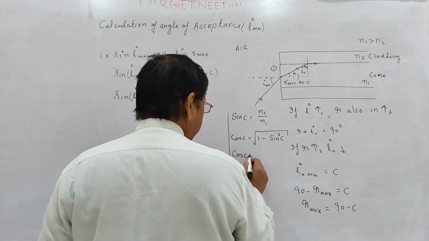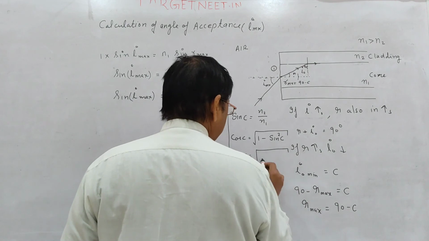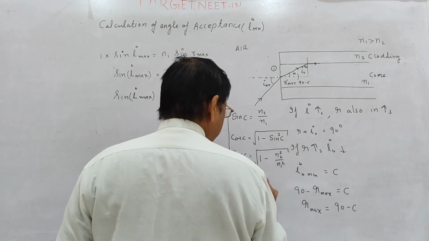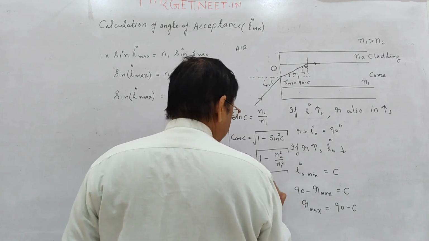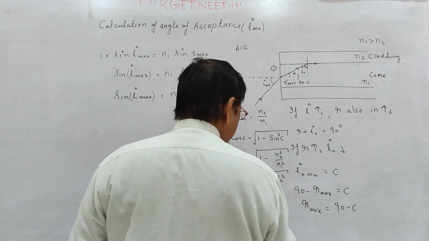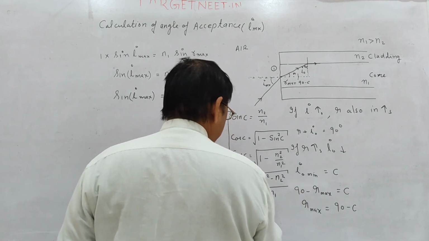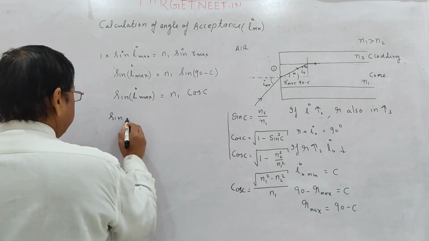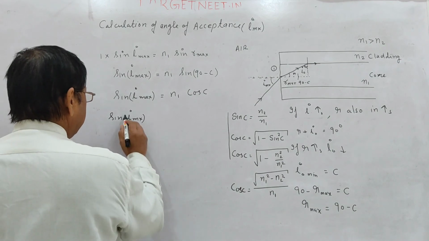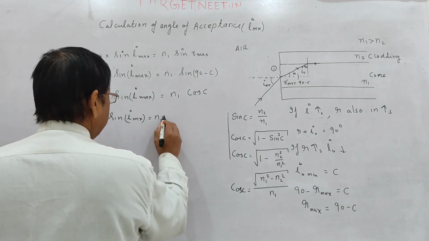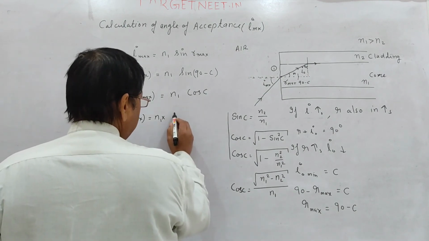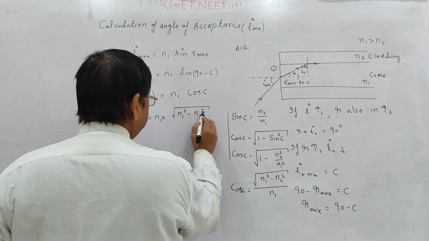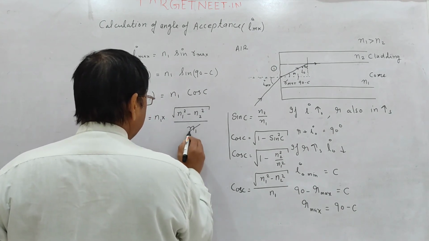So cos C is under root 1 minus N2 squared upon N1 squared, so it is under root N1 squared minus N2 squared upon N1. This is cos C. So in place of cos C we can write this. So the sine of the angle of acceptance is equal to N1 into under root N1 squared minus N2 squared upon N1. N1 cancels.